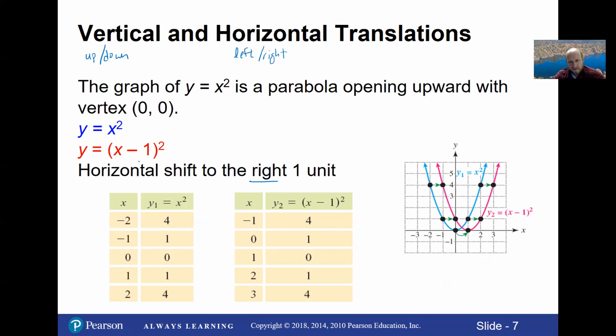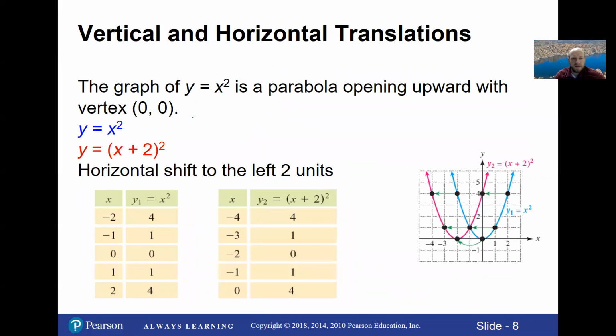Wouldn't it be to the left, thinking about a number line where negatives are to the left? But it's actually the opposite. It's shifted the opposite way of what you think. If I have x plus 1 squared, this is going to shift to the left 1 unit, whereas x minus 1 squared is shifted to the right 1 unit. Again, you can make an XY chart, plug in the values, and find out what they are.